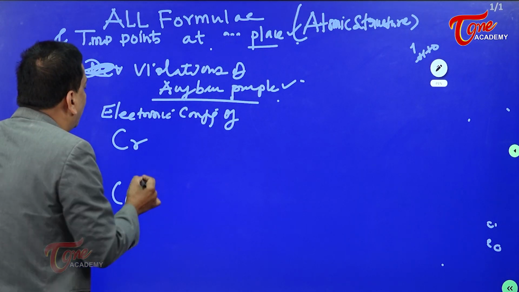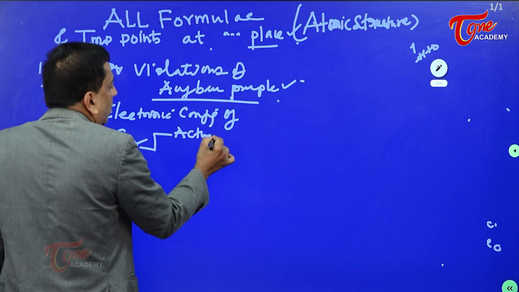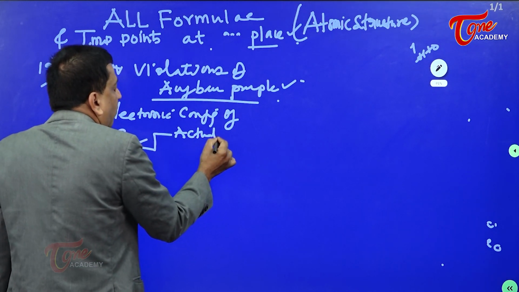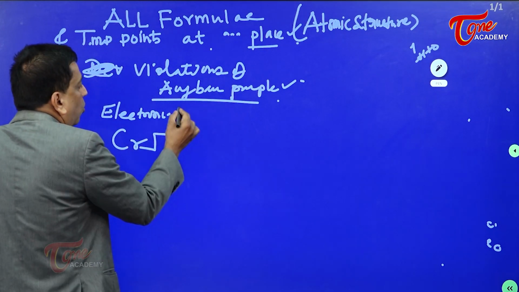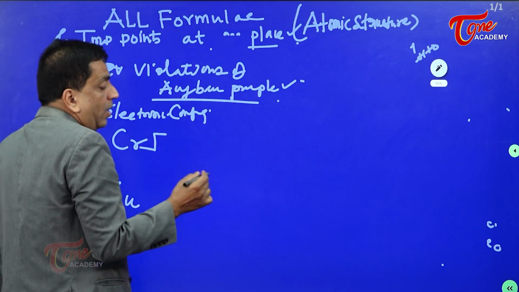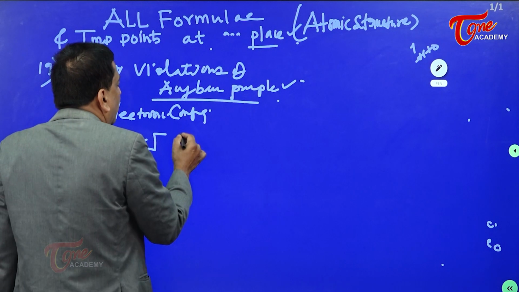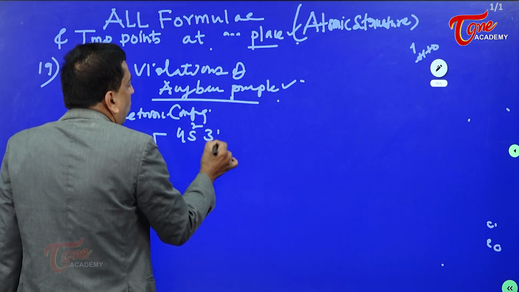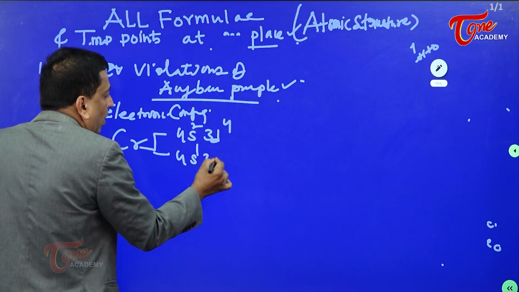Chromium. If you see the actual configuration according to Aufbau, the outermost configuration of chromium should be 4s2 3d4, but in reality it is 4s1 3d5.